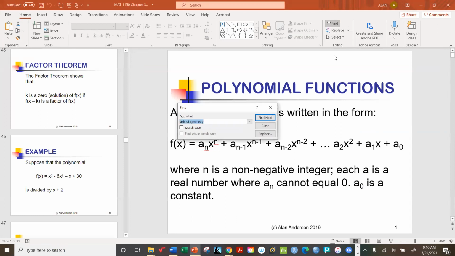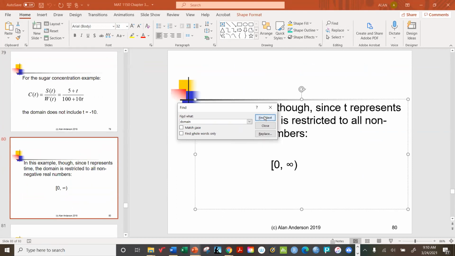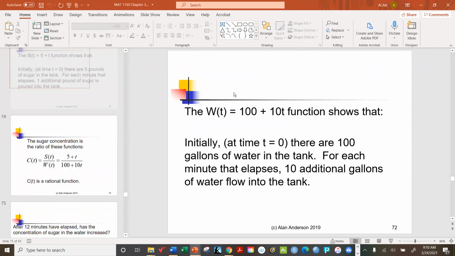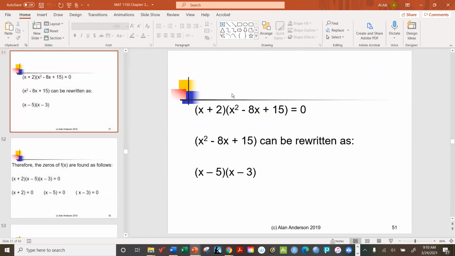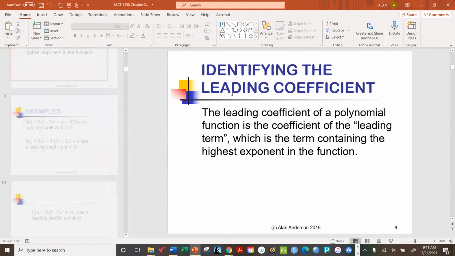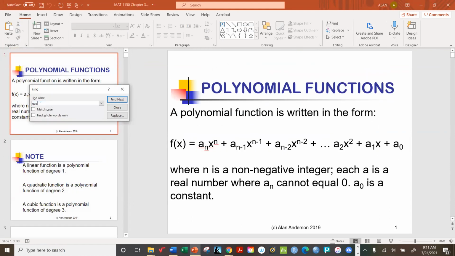Let's see. No, that's the domain of a rational function. We need a quadratic. Okay, where did it go? No, let's try that again. Let's go for quadratic.